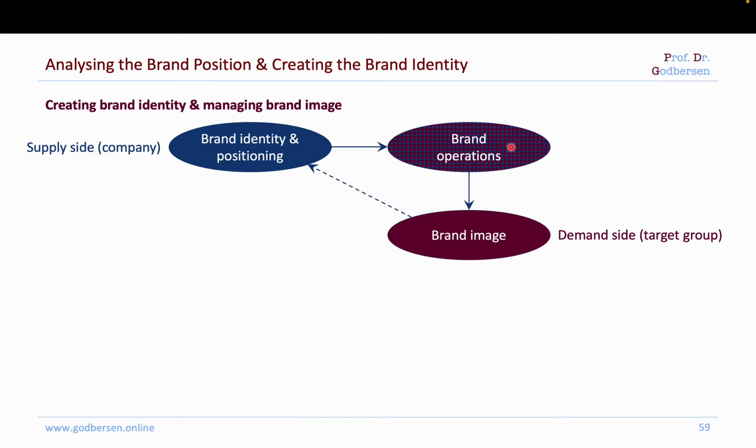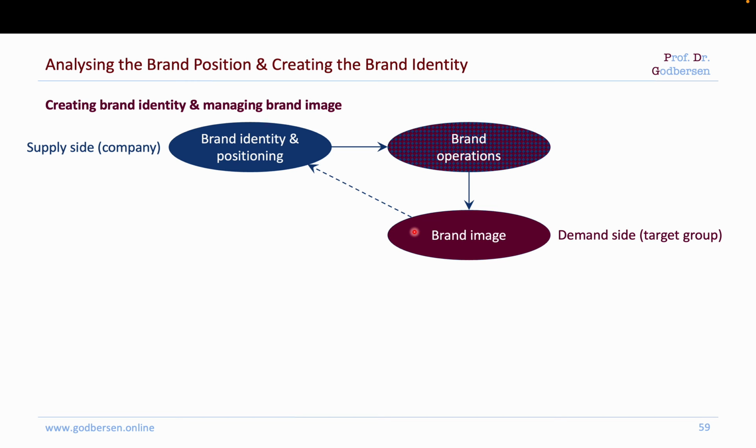And with the brand operations, there is the point when supply and demand meet. And based on these operations, the brand image is formed. And the brand image is what the target group actually thinks and feels about our product, our company, our brand. And we have to work as brand managers in this cycle to optimize the brand identity, optimize the brand operations, so that in the market, a favorable brand image emerges.